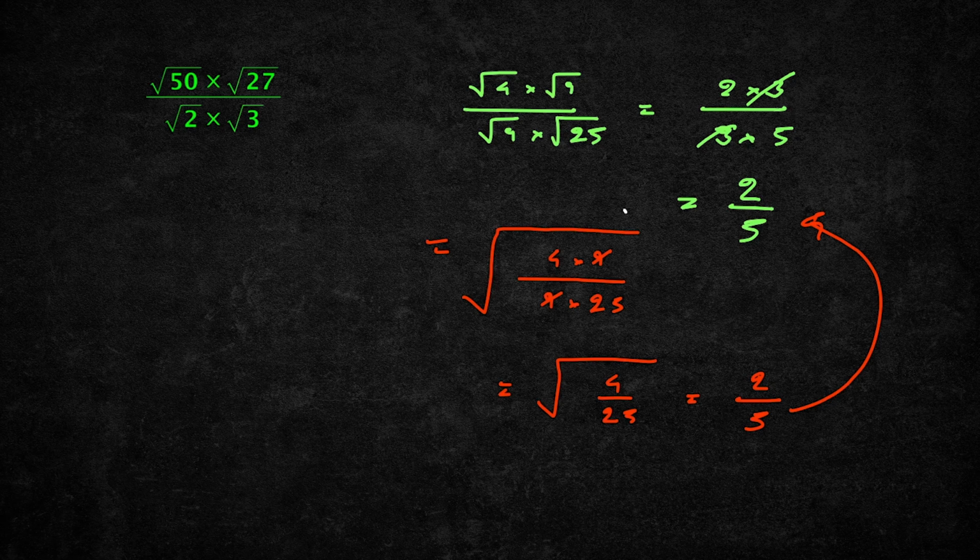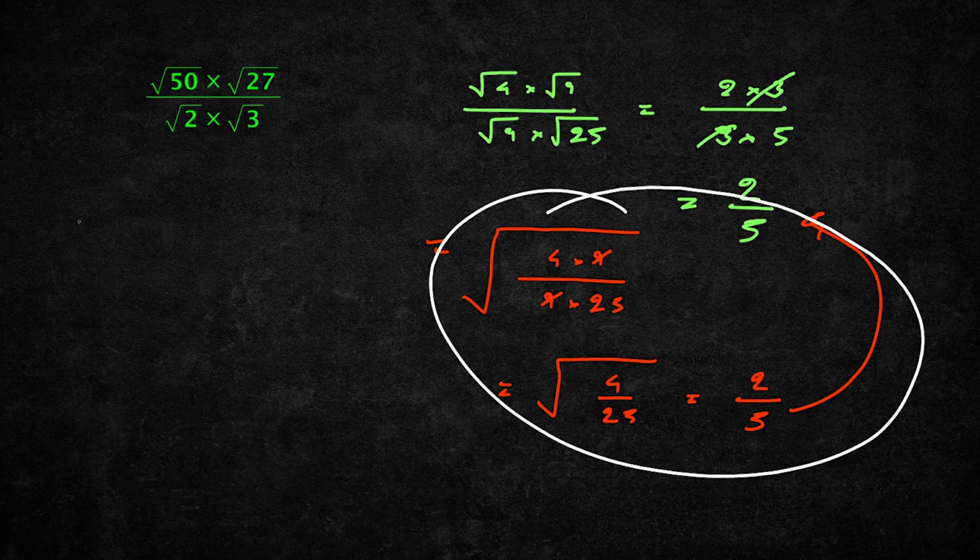So we apply this strategy over here. We bring every value under one big square root, and the connection between the values is 15 multiplied by 27 divided by 2 multiplied by 3.